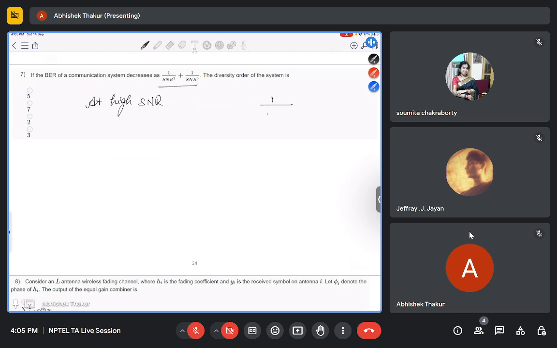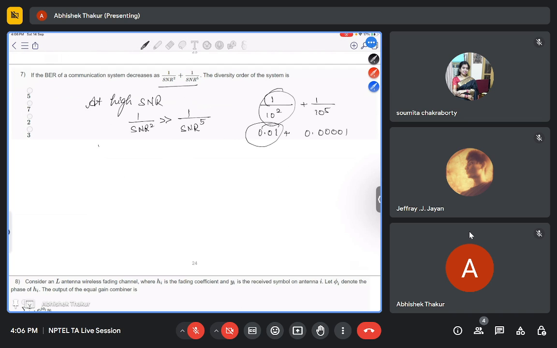Let's suppose 1 by 10 to the power of 2 plus 1 by 10 to the power of 5. So what will be the value? It will be 0.01 plus 0. So this is the dominating term. So similarly, at high SNR, 1 by SNR squared will be much larger than 1 by SNR to the power of 5.